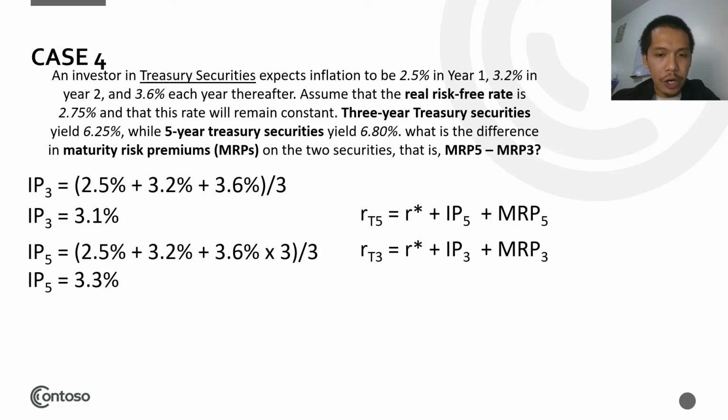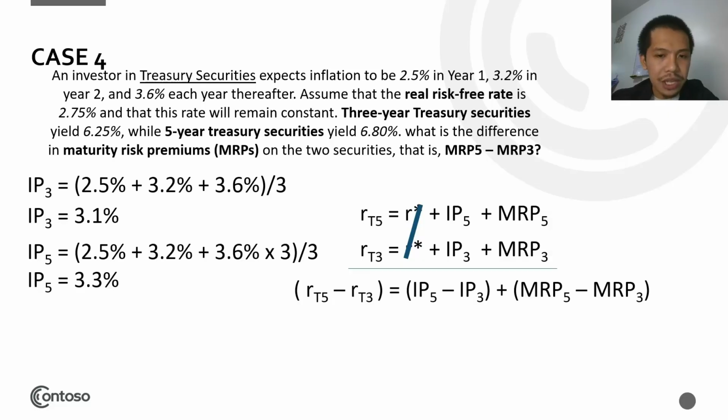You have R star plus IP sub 3 plus the MRP for 3 years. Elimination may take place this time. This time only, R star can be eliminated. R sub T5 minus R sub T3 is equal to IP sub 5 minus IP sub 3 plus MRP sub 5 minus MRP sub 3.